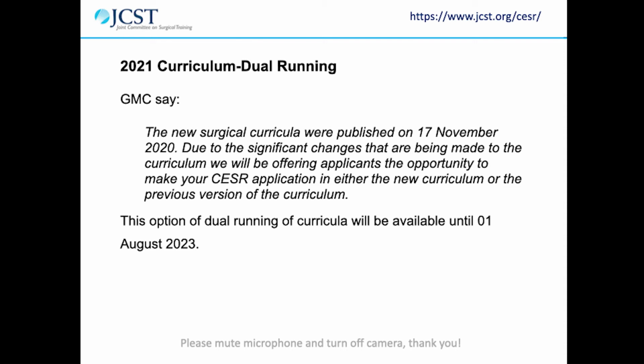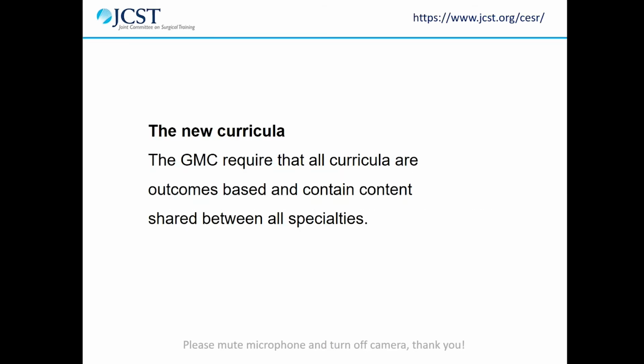So at that stage, when you actually decide to apply, there literally is a button and you press it and say apply now, and this is the curriculum I want to apply under. So you can apply under the curriculum that we're going to describe to you today, or indeed you can apply under the current curriculum, and you can do that until, as I say, the 1st of August 2023.